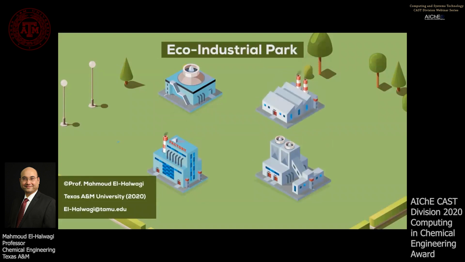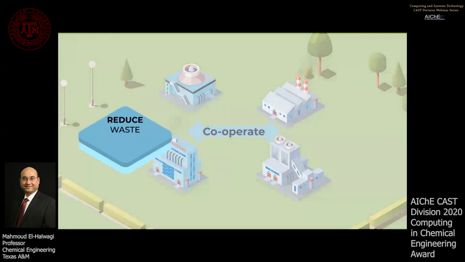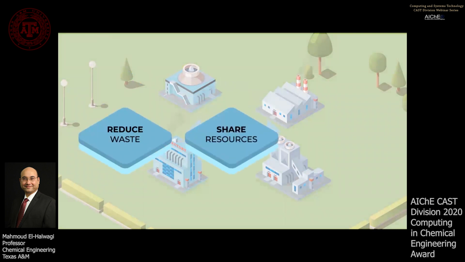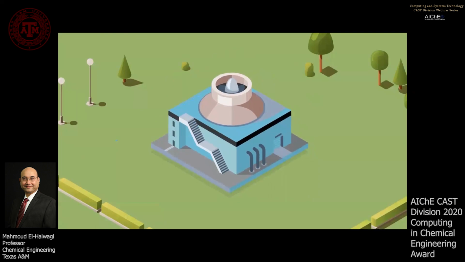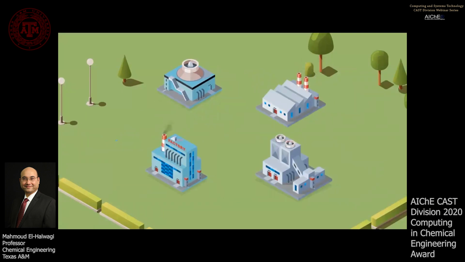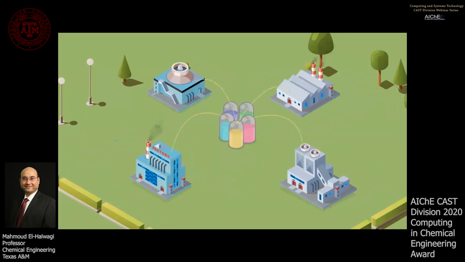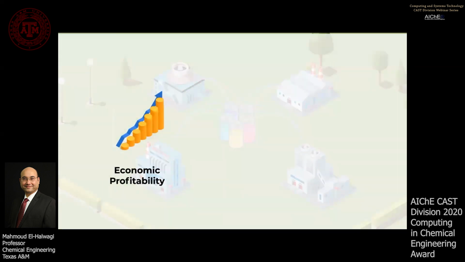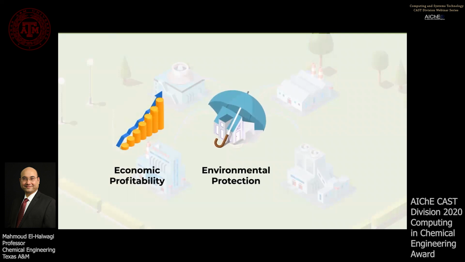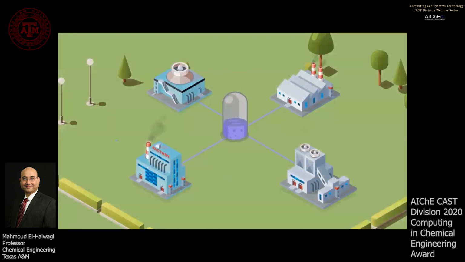An eco-industrial park, or EIP, is a community in which organizations cooperate to reduce waste, share resources, and help achieve sustainable development. Instead of operating independently, these plants can exchange mass and energy and create a win-win situation for all participants to improve economic profitability, environmental protection, and social progress.